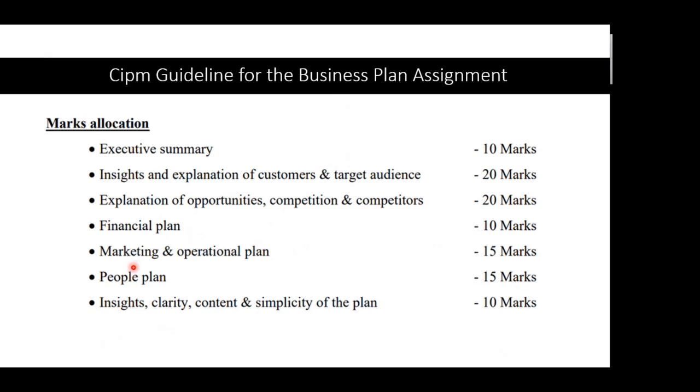And the marketing and operational plan: how we are going to market your product or service, and what the steps in your business operation are. For that, 15 marks allocated. And the people plan or human resource plan: we have to explain how we plan to get our employees, what the positions are, and their duties and responsibilities.